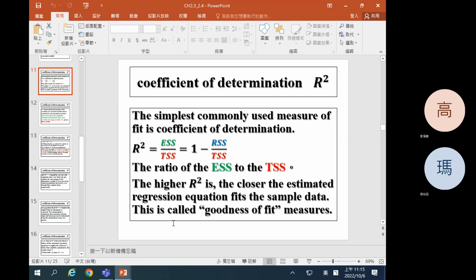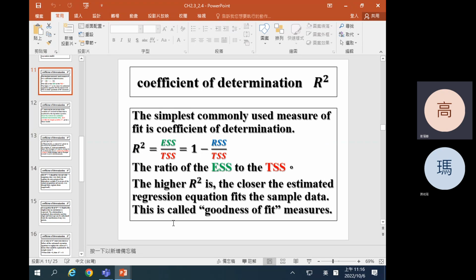According to the regression analysis, the TSS can be decomposed into two parts. One is explained by the model, which is the ESS. The other one is explained by the error terms, which is RSS. So R squared is equal to ESS over TSS, or of course 1 minus RSS over TSS.